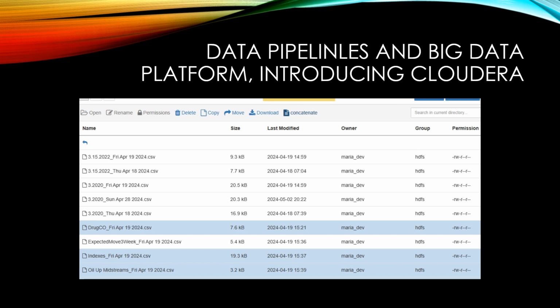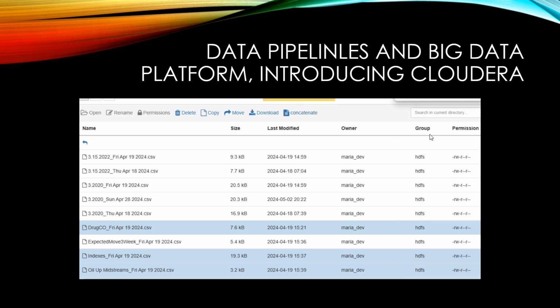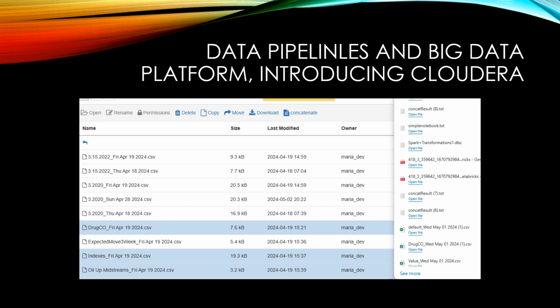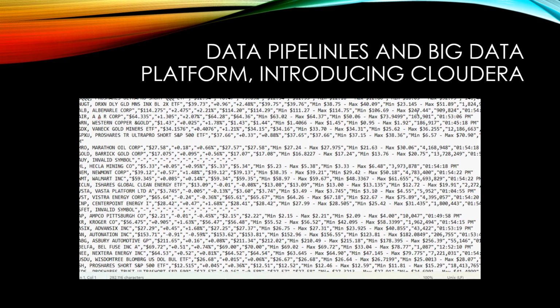So you'll notice that my downloads folder popped up and got a concat results. When I click on the concat results, pretty much everything that we combined gets put together.